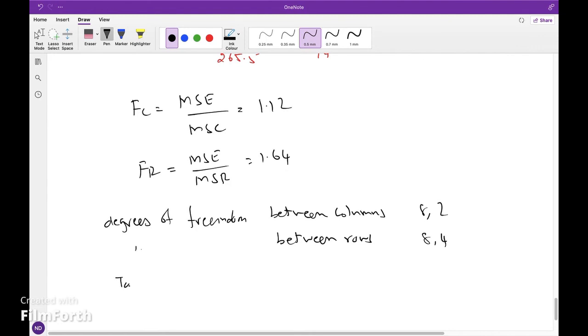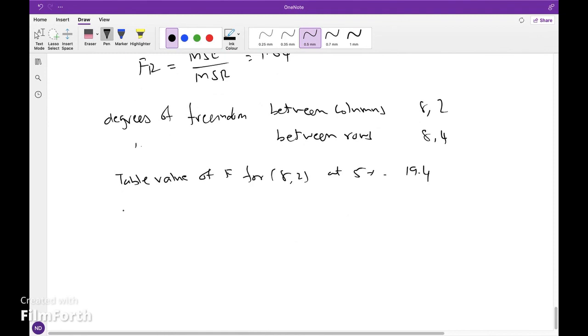So the table value of F for 8, 2 degrees of freedom at 5% level is 19.4. The table value of F for 8, 4 degrees of freedom at 5% level of significance is 6.04.